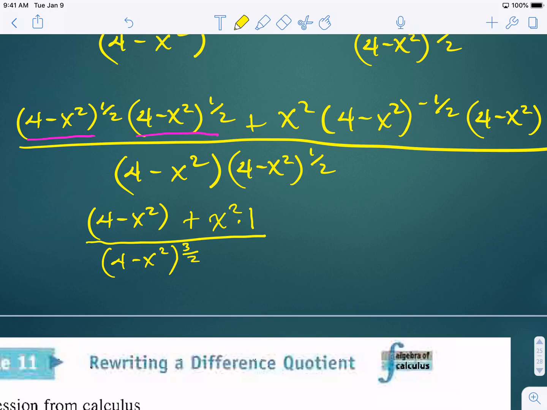And if you drop the parentheses on the top now, let's see, we're going to say that this looks like this: 4 minus x squared plus x squared all over 4 minus x squared to the 3/2 power.